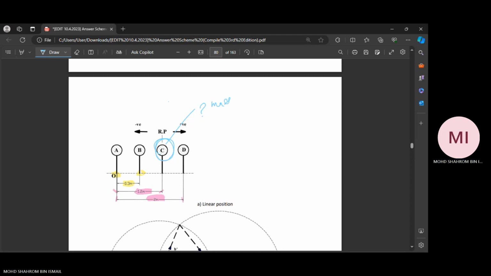So, practically what they do in our syllabus, we're going to put RP, and we're going to put C as a RP, reference point. Okay, so if it moves to the right, it's going to be positive, and if it moves to the left, the distance is going to be negative.